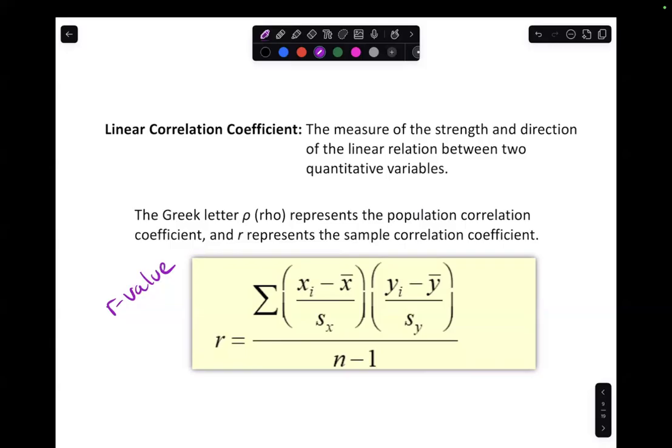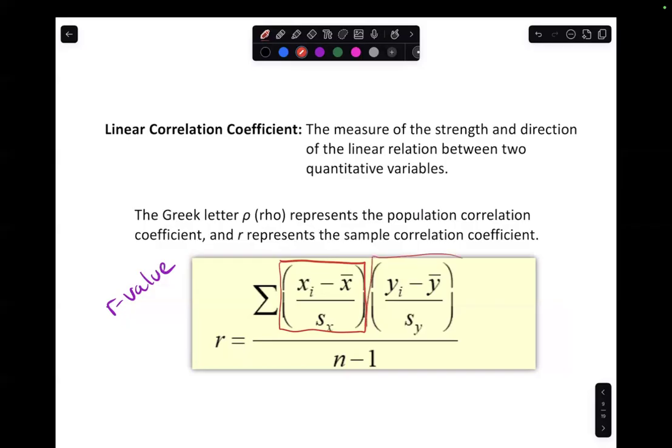But you will never have to do this formula. I will tell you what it is though. So actually this is all of the z-scores of every x value added together.